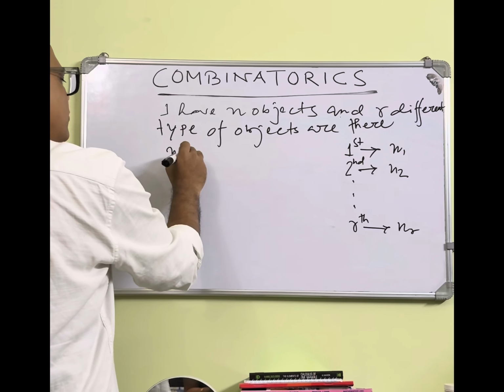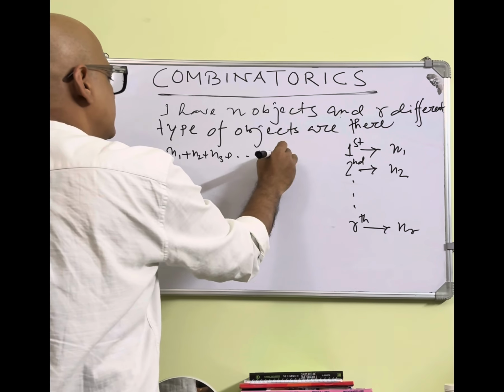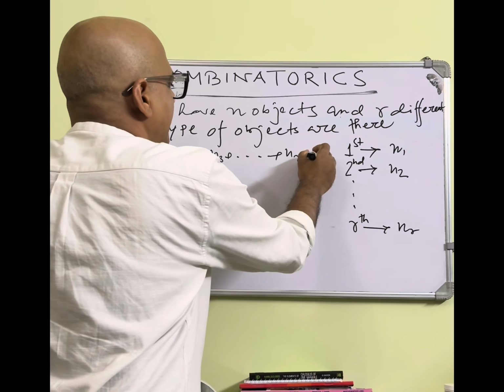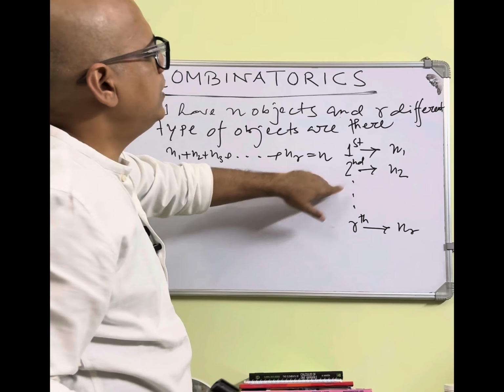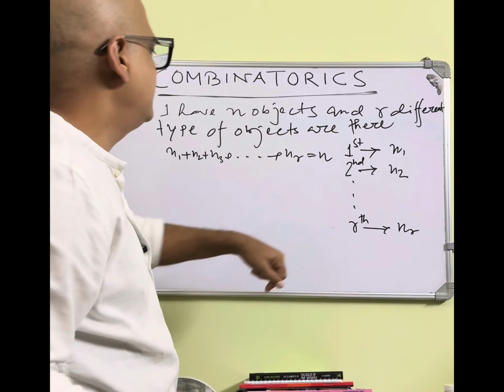So n1 plus n2 plus n3 up to nr is definitely going to be n. Correct? I do have a total of n objects, and these are the frequencies of those r categories.